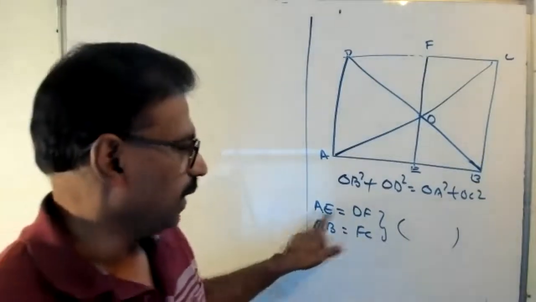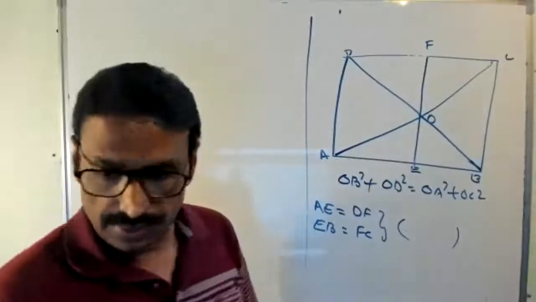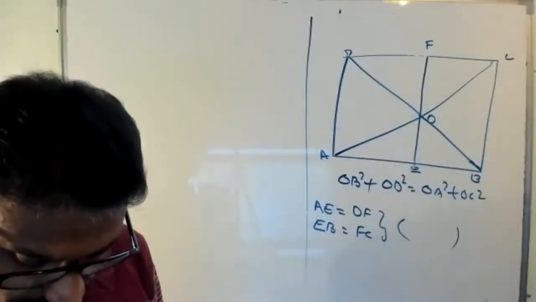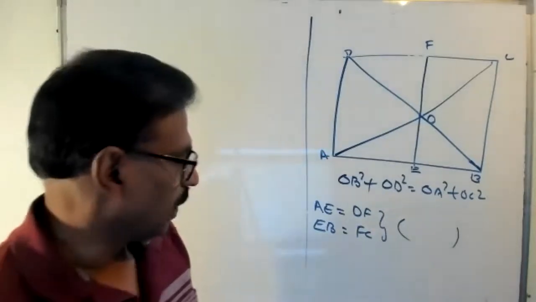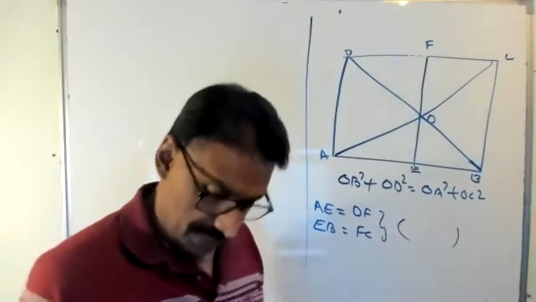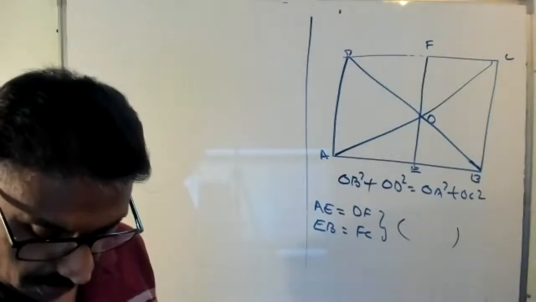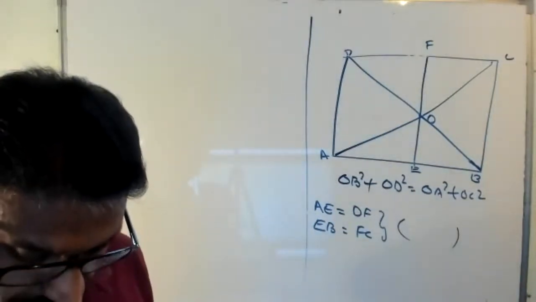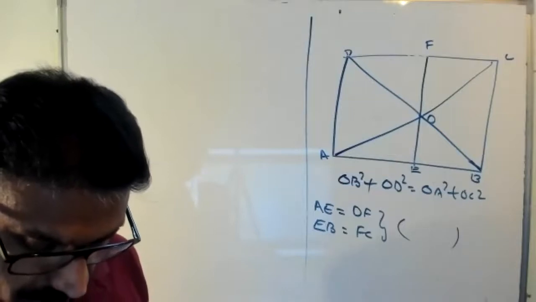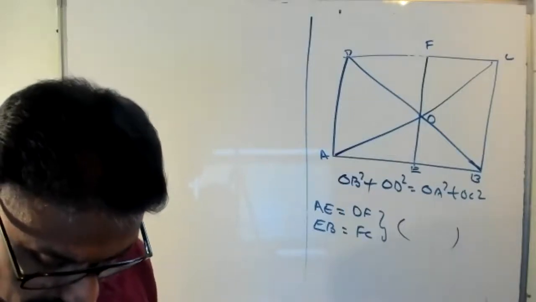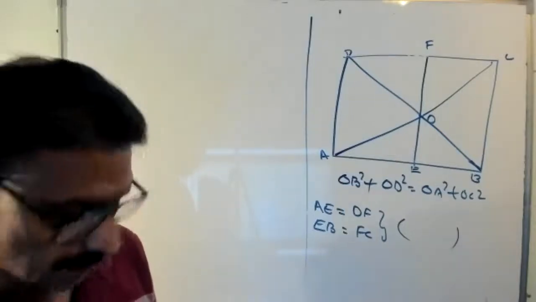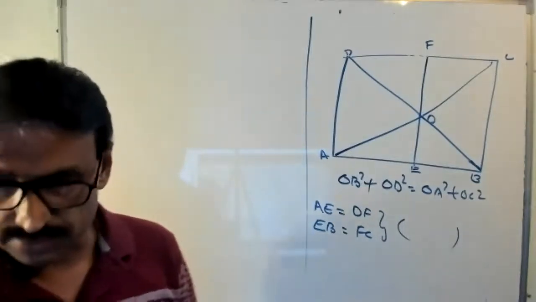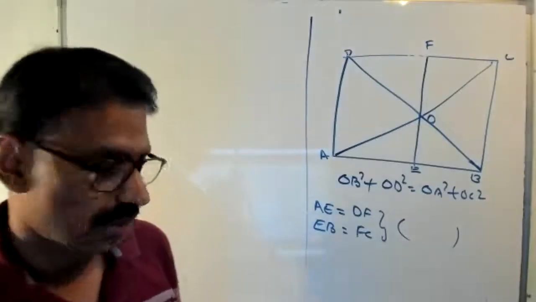Hence, AE equal to DF, and EB equal to FC, opposite sides of rectangles.